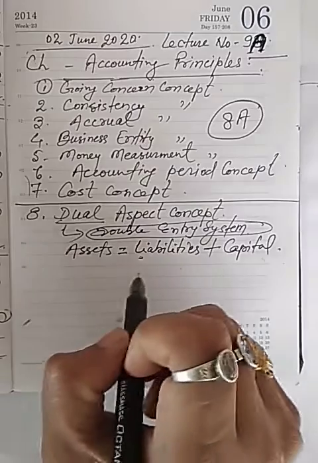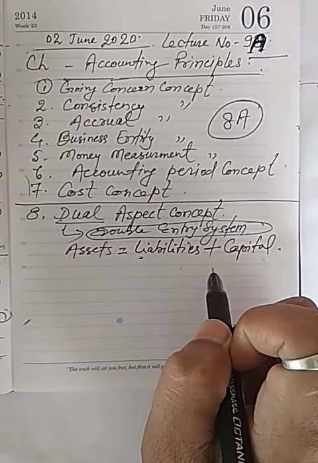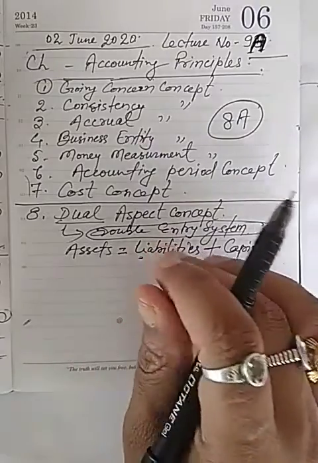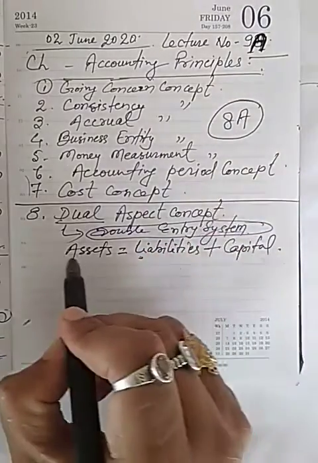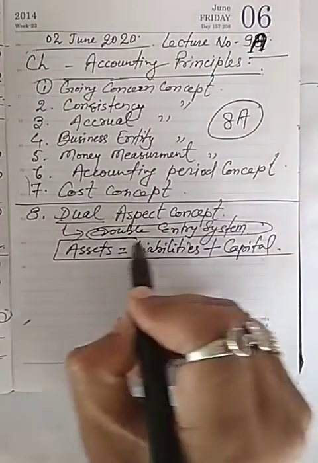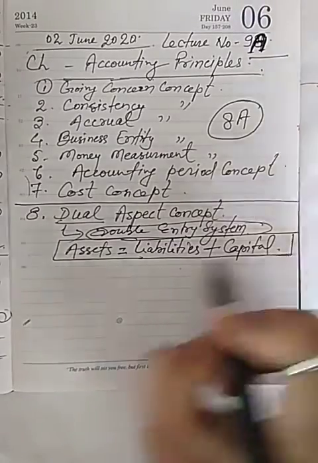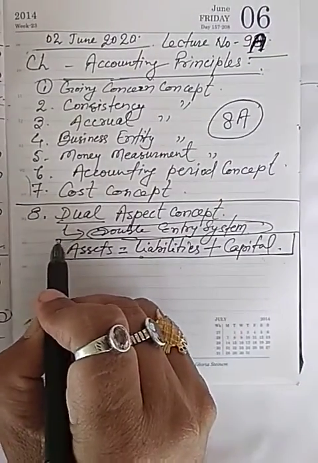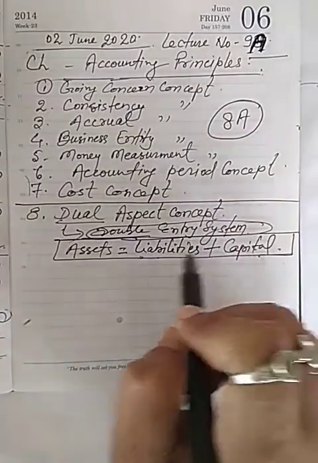Whenever a transaction is to be recorded, it has to be recorded in two or more accounts to balance the equation. This is also called the accounting equation. Total assets of a business will always be equal to total liabilities plus capital.